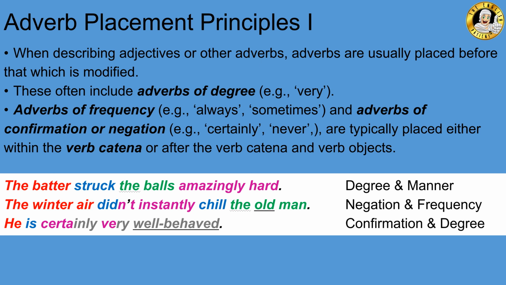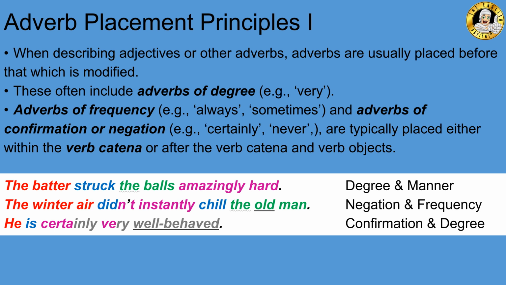So I've partly coloured the words certainly and very here to show which ones are actually adverbs. Notice well behaved itself actually is an adjective, even though it's using the word well, because actually well behaved is going to describe a noun. So it is an adjective structure, just a special case or special form here.